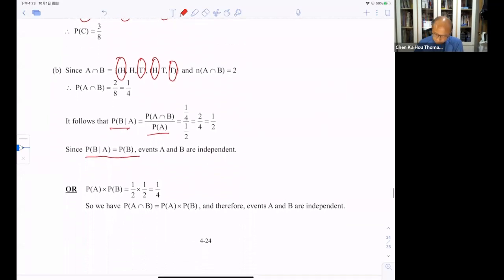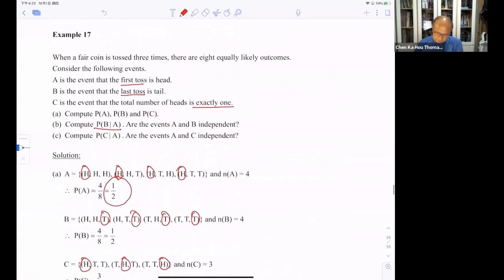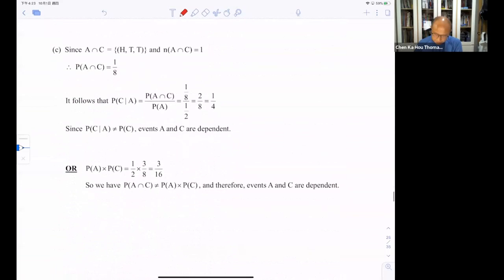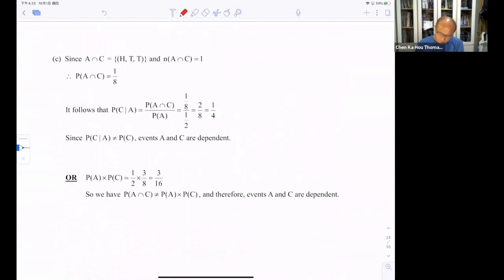Next one. Are A and C independent or not? Now we know P(C) already. This is 3 over 8. So P(C given A), we use the formula P(A and C) over P(A). What is A and C?